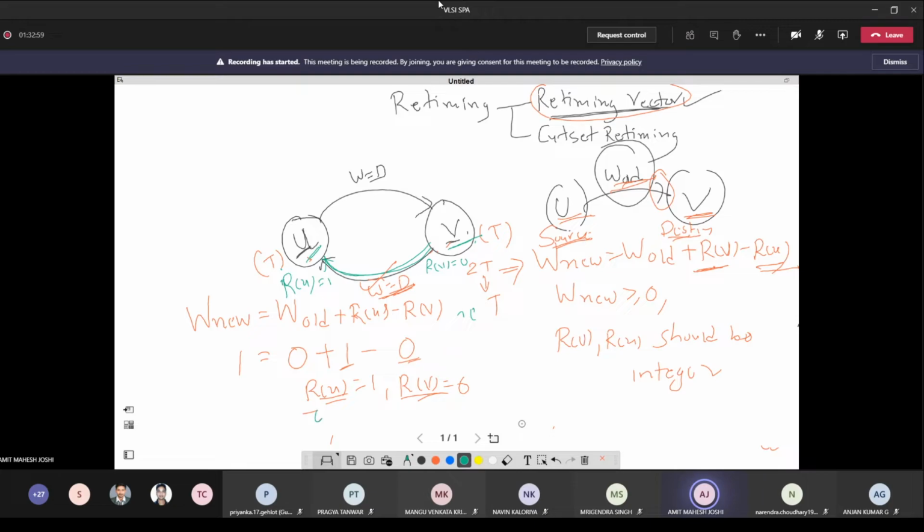But there is another edge also going in. Now since I have fixed this particular node retime value, there will be an implication at this particular edge also. Then I need to find it out. So over there again I will find out W new. Now I am talking about this particular edge, U2V.